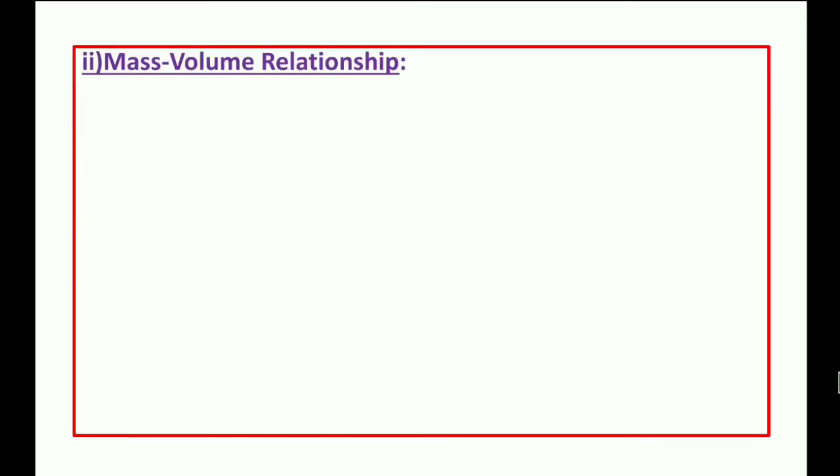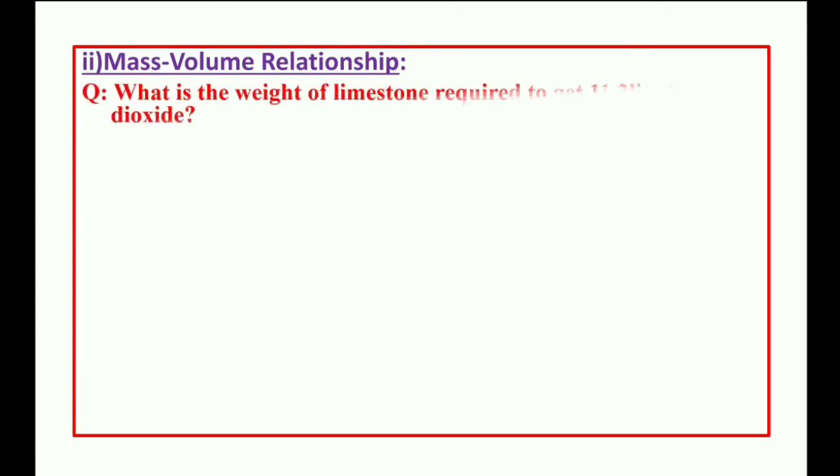Okay, so next one is the mass volume relationship. Let us go through the problem first. What is the weight of limestone required to get 11.2 liters of carbon dioxide?